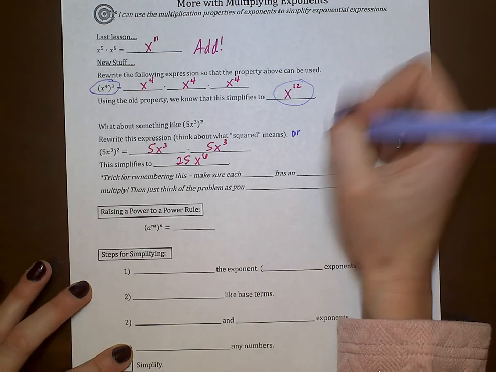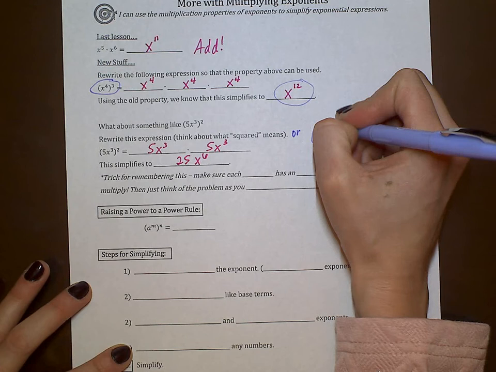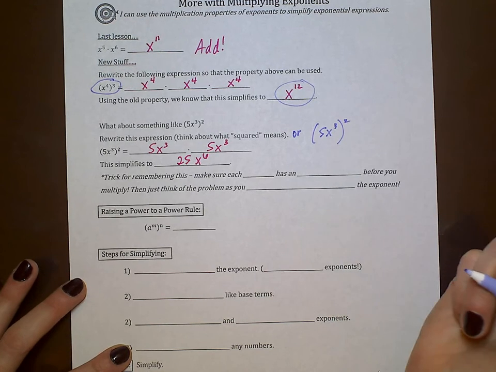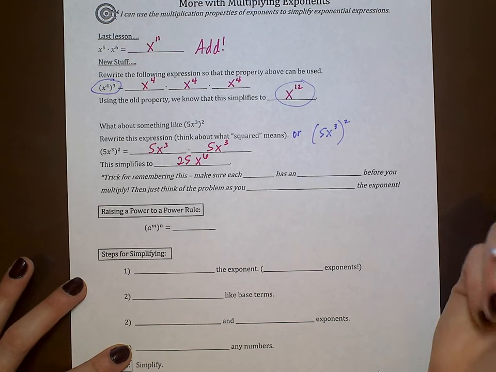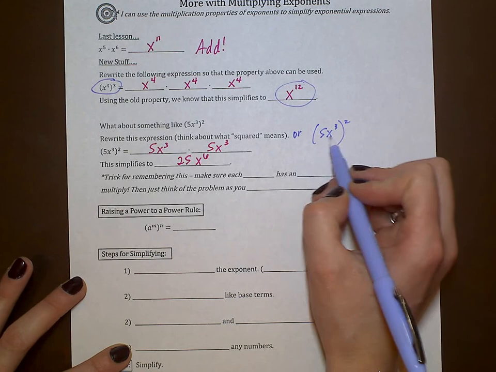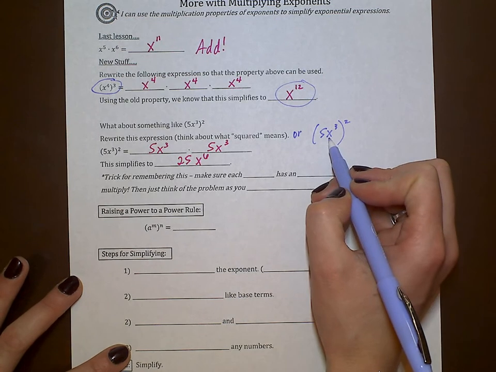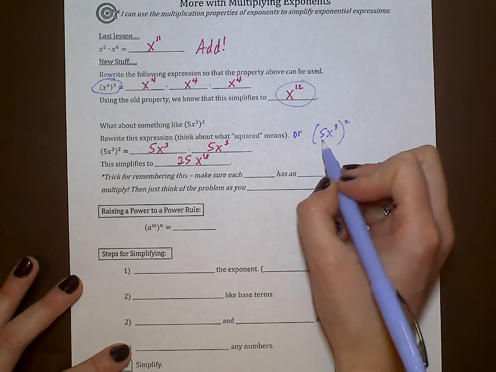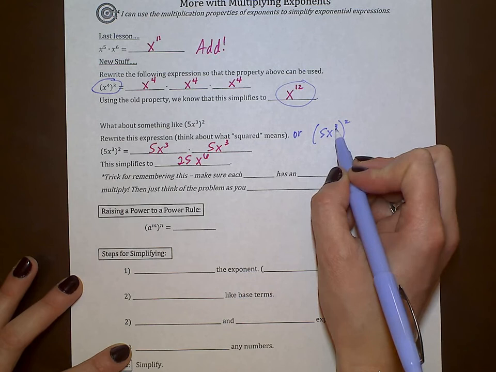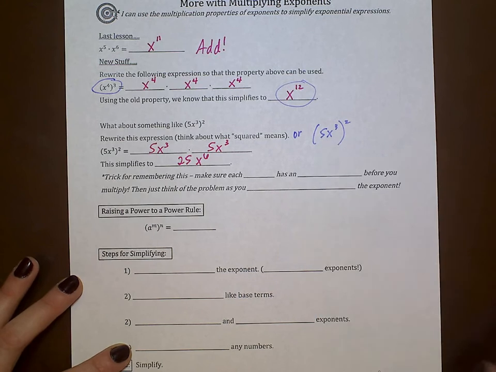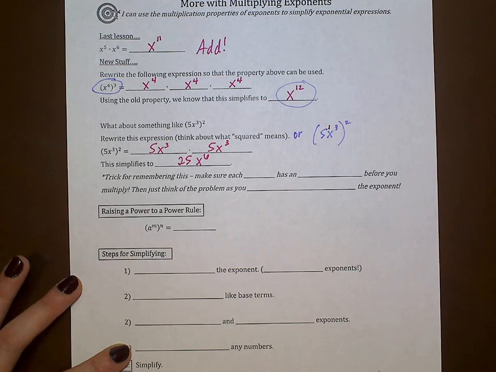If they give you something like that, where there's a 5 in the parentheses and an x, and we're squaring all of it, you do still multiply exponents, just like we did up here, but if they don't give any part of what's in the parentheses its own exponent, you should write it in first. What I mean by that is the x has a 3 as its exponent, the 5 also has its own exponent, and if they don't write it, you should. It's just a 1. There's a 1 on anything that doesn't have its own exponent.